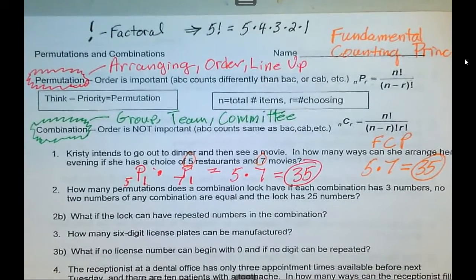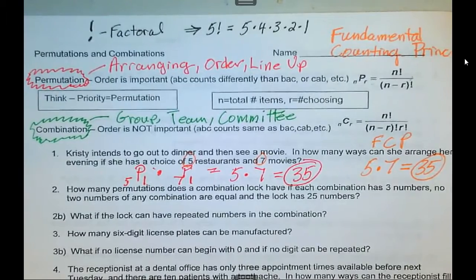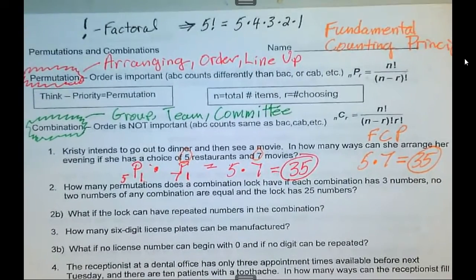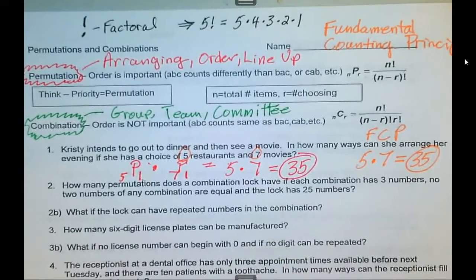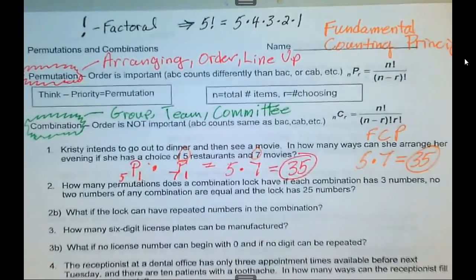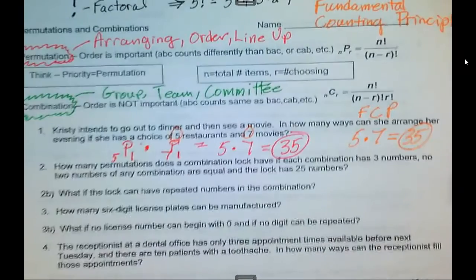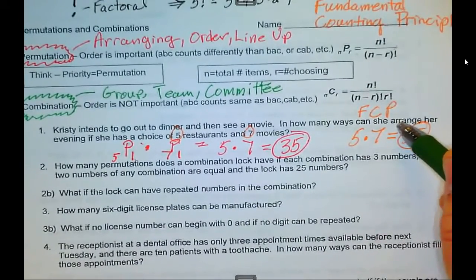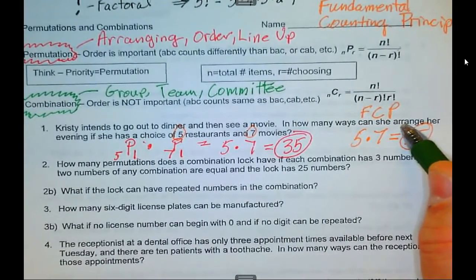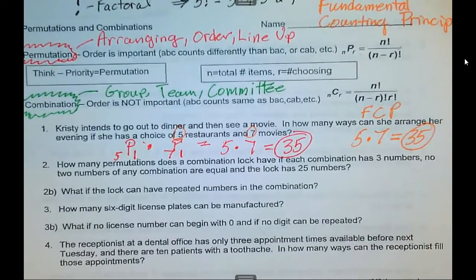With the fundamental counting principle, you don't know when to use it. With a permutation, when you figure out it's a permutation, just use the formula. You have to be aware of this because it was on your SAT test, wasn't it? Fundamental counting principle yesterday.